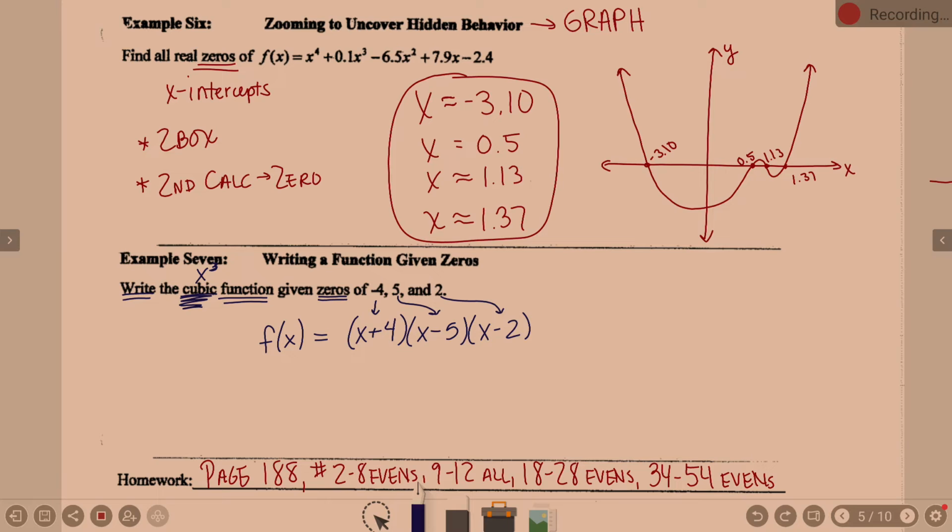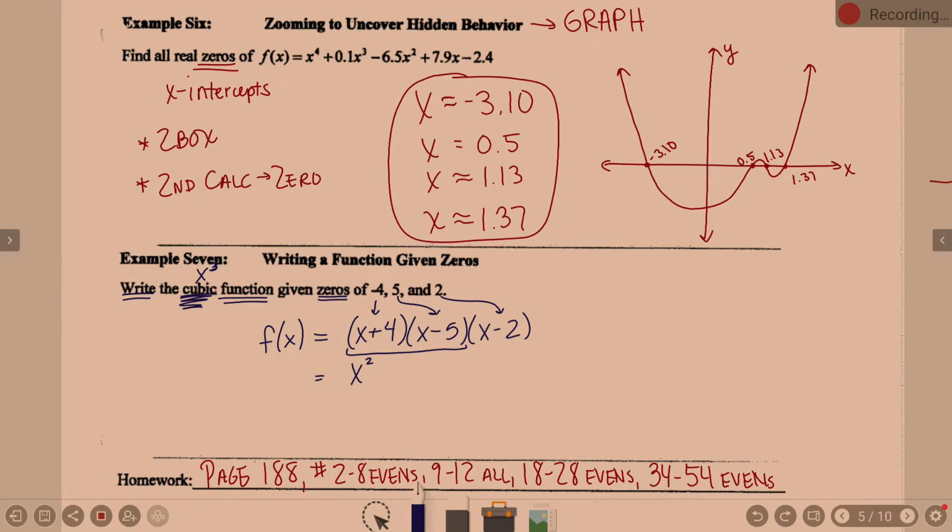Now, officially, depending on your definition, we are going to simplify and clean this up. How are we going to multiply this out? FOIL. When we FOIL, we have to pick 2, FOIL those, and then we'll multiply the third one in, right? So x times x is x squared.